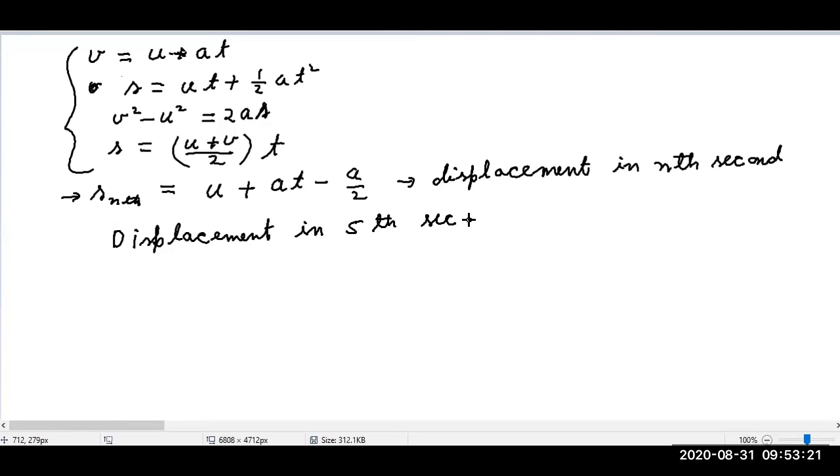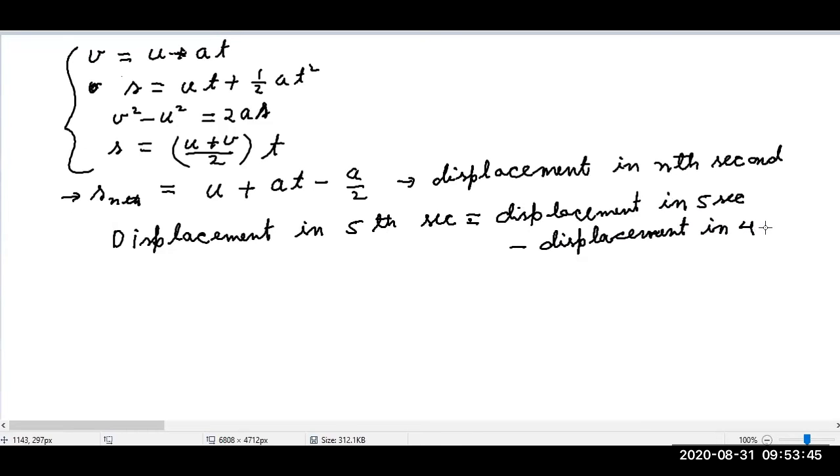It means displacement in 5 seconds minus displacement in 4 seconds. So after 4 and before 5, that is called the 5th second.